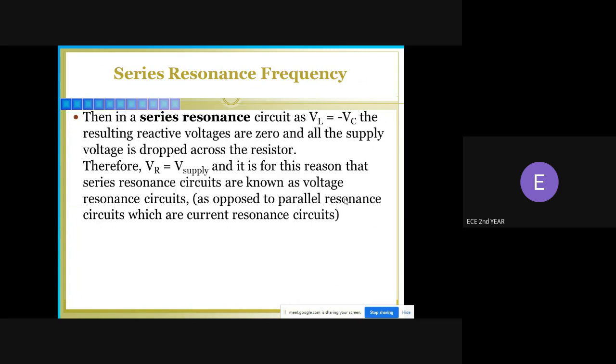At resonance, the inductor and capacitor will interchange the energy. The inductor will transfer its magnetic energy into the capacitor, and the capacitor transfers its electrostatic energy into the inductor. So the energy will be interchanged between the inductor and capacitor at the resonance condition. The source will supply power only to the resistor.